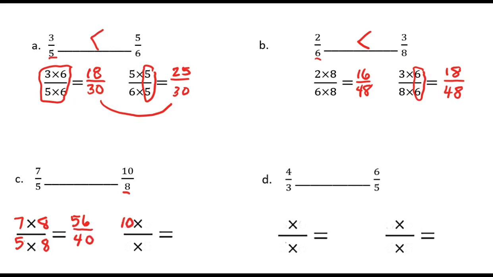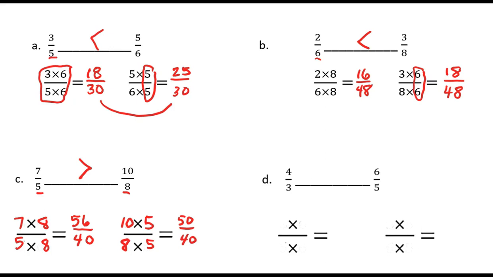Now I'll take my 10/8 and I'll multiply that by 5/5 because that's the denominator of the first fraction. 10 times 5 is 50. 8 times 5 is 40. Now I'm comparing 56/40 to 50/40. 56 is greater than 50, so 7/5 is greater than 10/8.